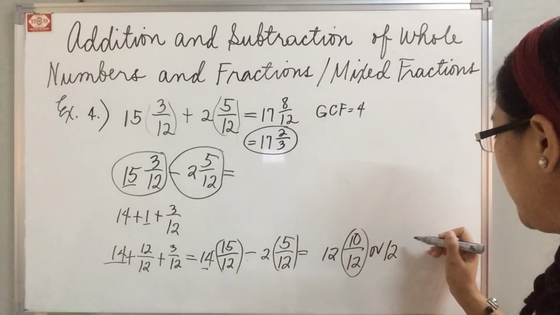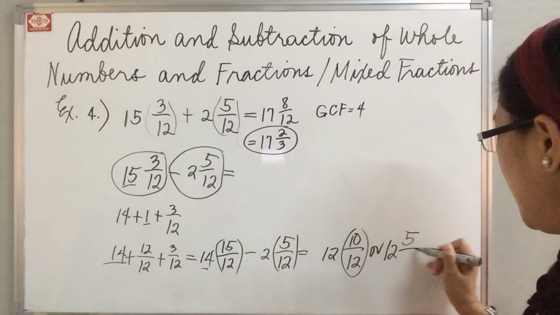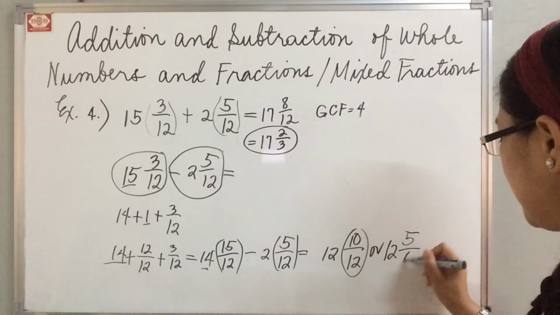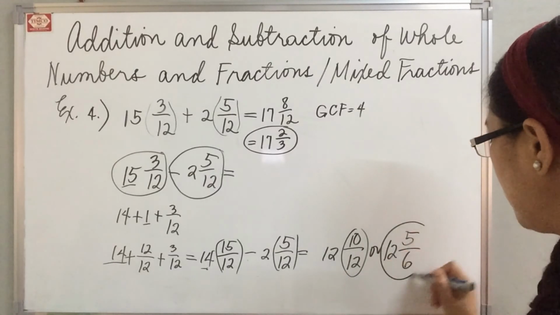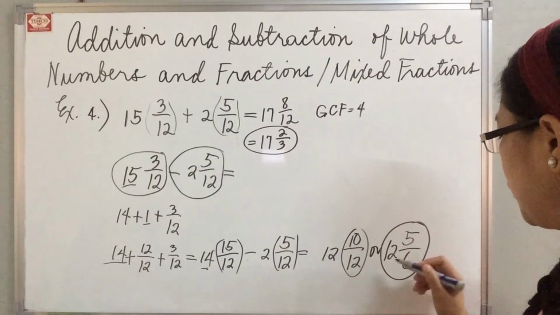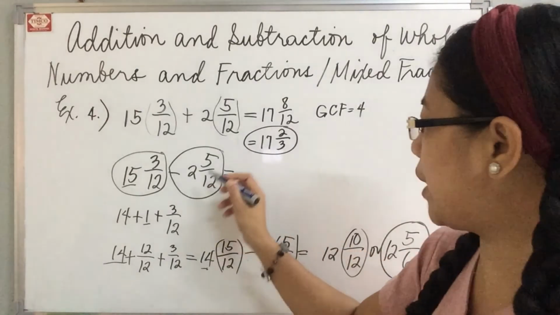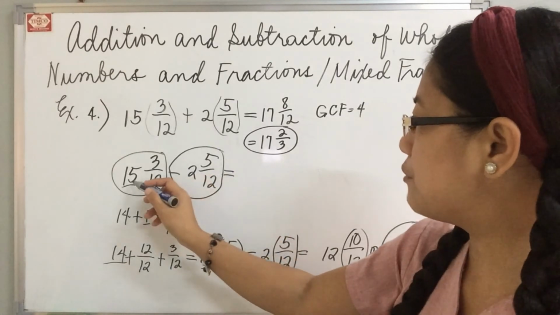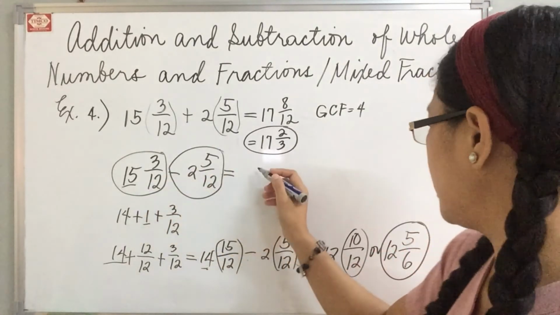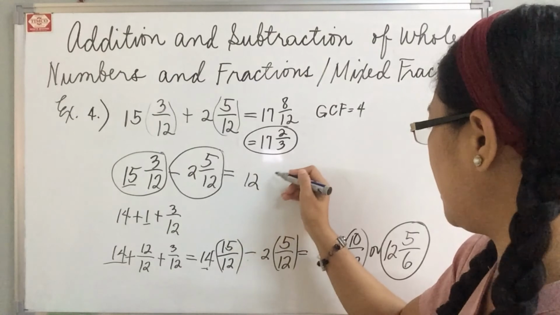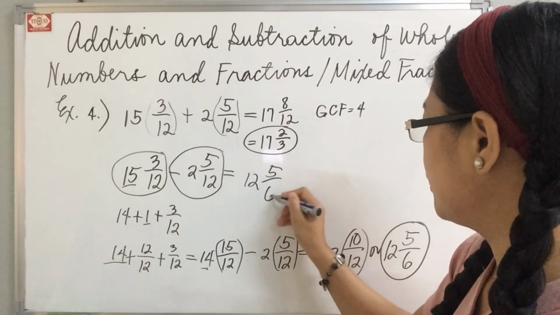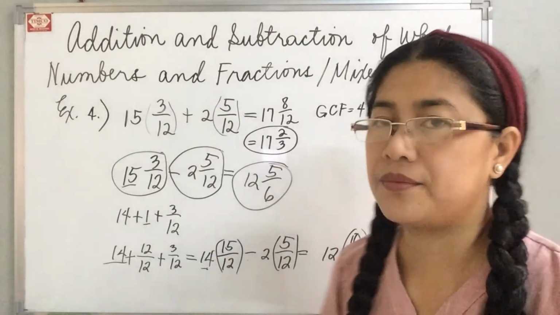So 10 divided by 2 is 5 and 12 divided by 2 is 6. So this is now our final answer. 12 and 5/6. So when we subtract 2 and 5/12 from 15 and 3/12, it will give us 12 and 5/6.